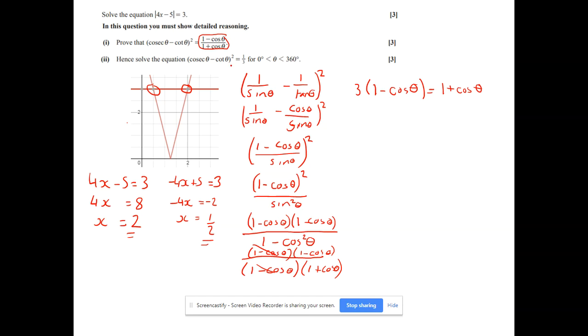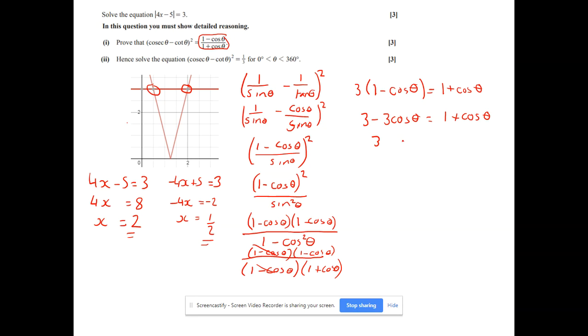Okay, so all I've done there is my third was on the right hand side. This bit here was actually just that, so I've multiplied by 3 for the 1 minus cos theta, and I brought this up to match with this 1. And obviously the 1 is staying the same, so I can multiply this bracket out. So 3 minus 3 cos theta equals 1 plus cos theta. Get things to the same side, so I'm going to add my 3 cos theta.